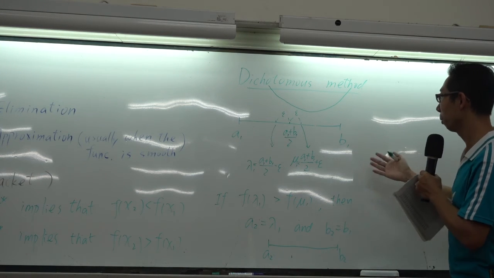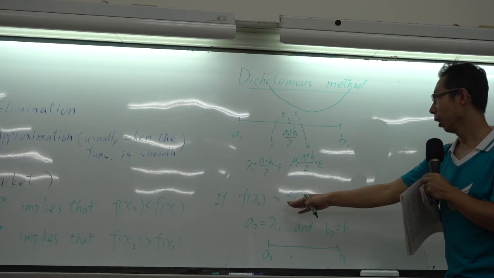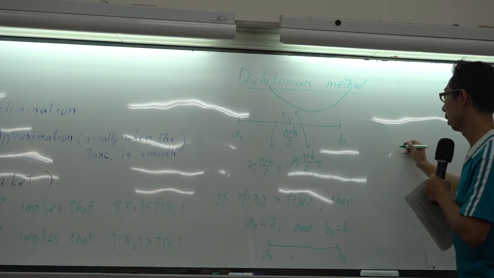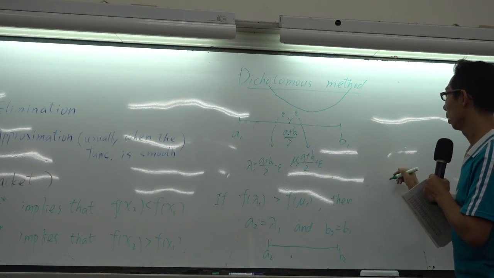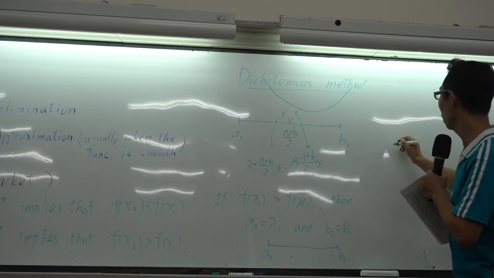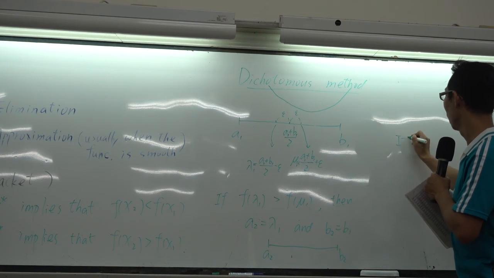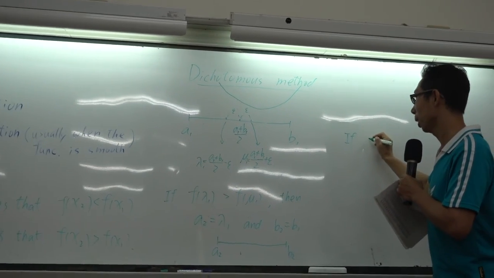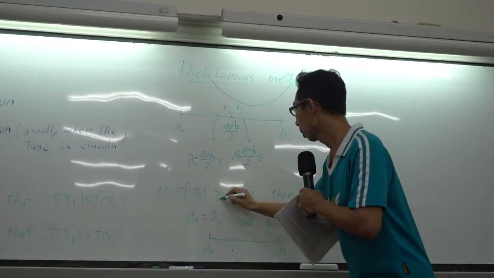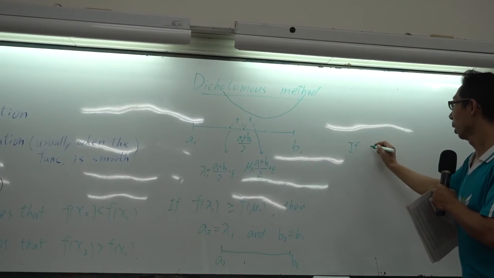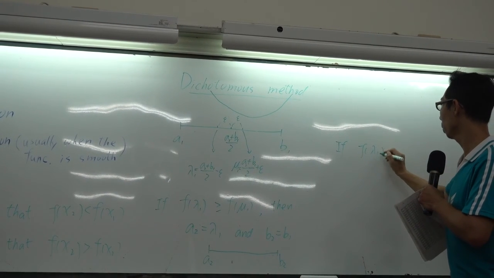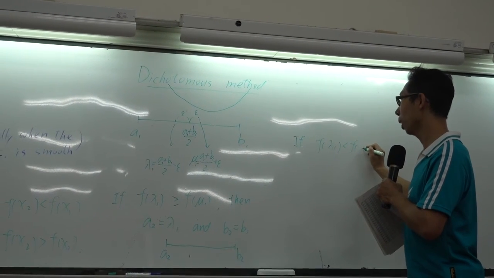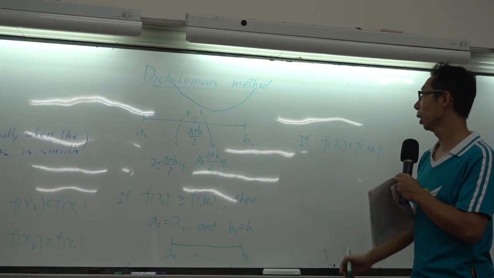Okay. And of course, if... do I need to write it down? Maybe. Yeah, maybe I can still write it down. I can use else, but anyways, I'll just say greater than. But if f of lambda 1 is less than f of mu 1, what do we do?